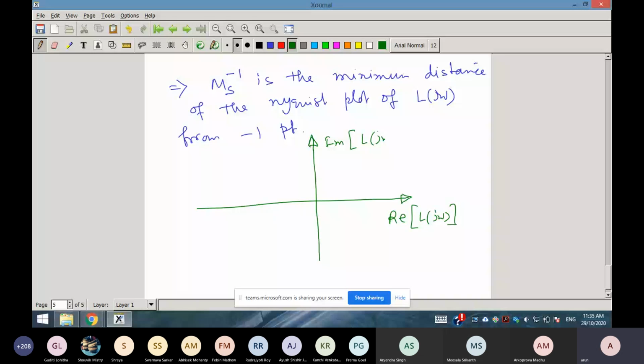Suppose this is your -1 point. So how to get it? You draw a circle of maximum radius such that the circle will just touch the Nyquist plot. Okay, so I am trying to draw that circle.